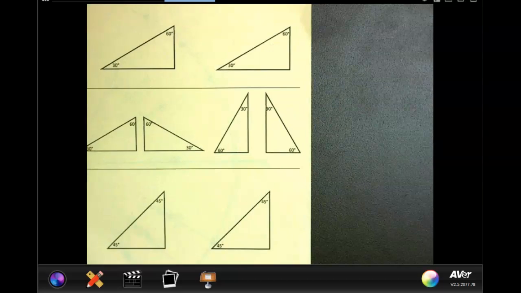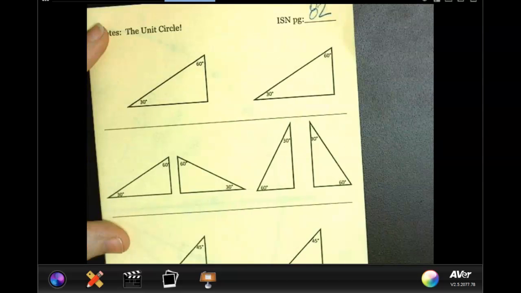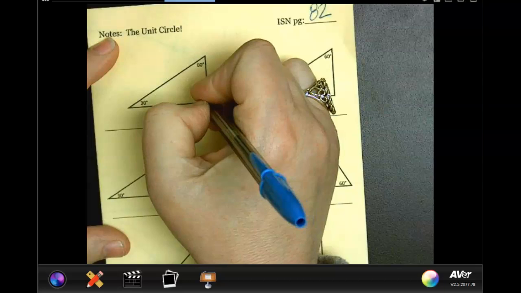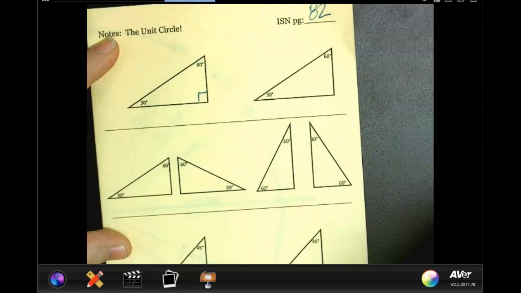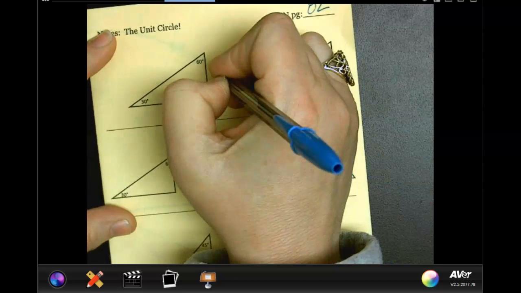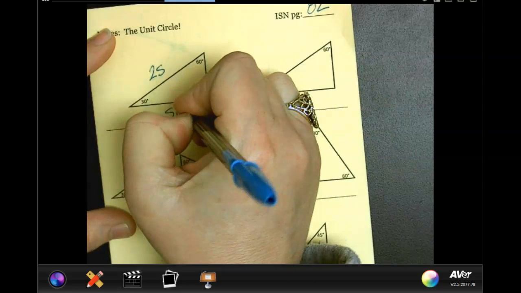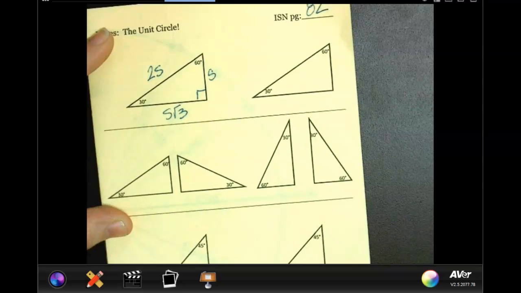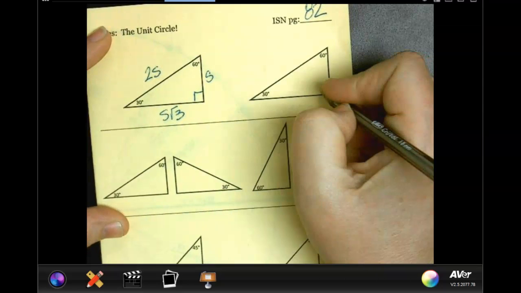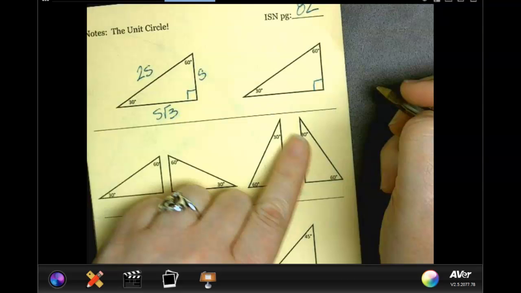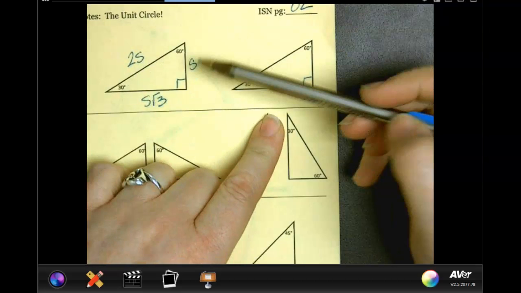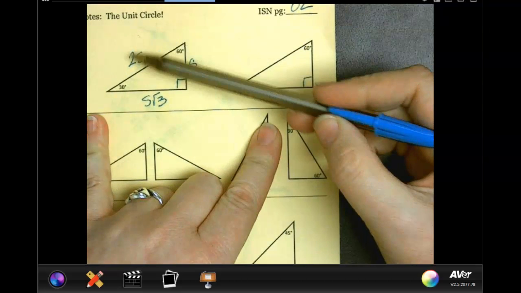All right, so let's look at these triangles up here at the top. We have a 30, 60, 90 triangle. So what we know and have known for a while about this is that we can label this with S, 2S, and S times the square root of 3. Right? Then if I want to have numbers over here, I could make this 1, 2, and this the square root of 3.